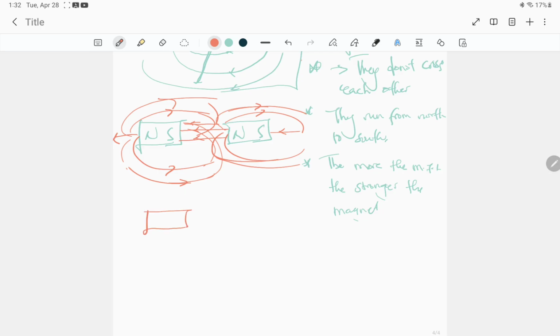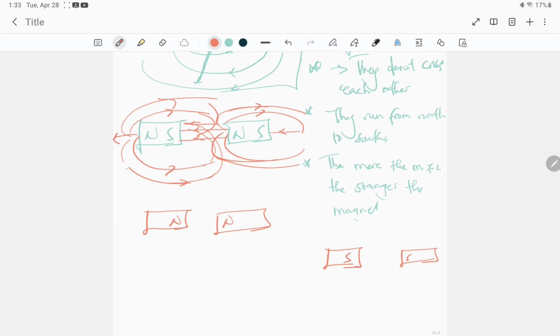Then the next stage, we'll try to demonstrate using north and north. The behavior of north and north will show the same behavior as south and south.